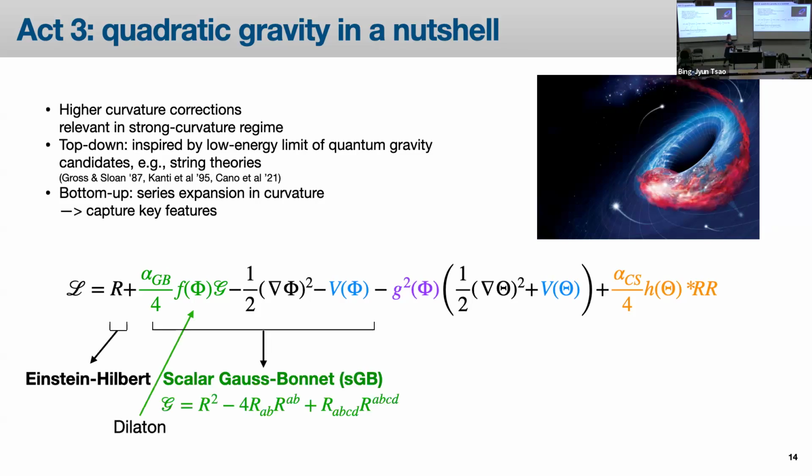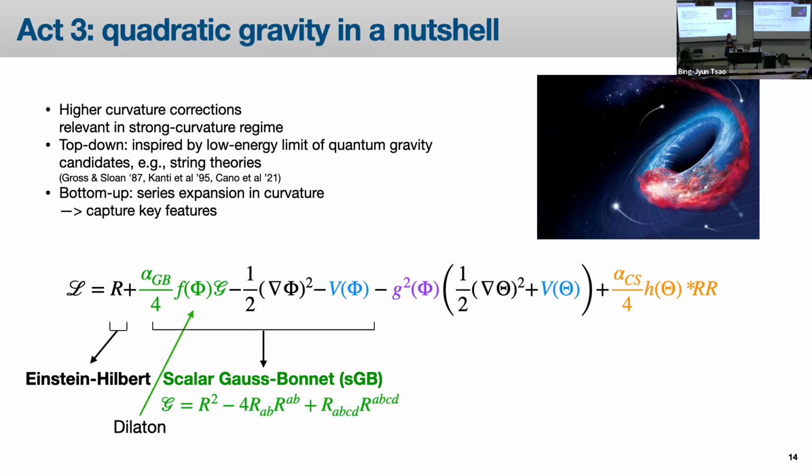Then we can add a scalar field phi. We'll call that a dilaton because if you take the string theory version of my argument, it actually has a specific coupling, what they in their community call a dilaton coupling. And I couple the scalar field to this curly G here. It's called the Gauss-Bonnet invariant.